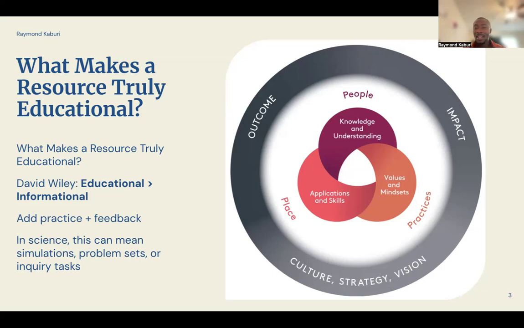There is AI that can help you do simulations to explain abstract things, making them concrete to your learners. So in science, the inclusion of AI helps us in our simulations. It helps us in our problem sets, to solve problems in terms of our classroom lessons and tasks. It also gives us the opportunity to do inquiry tasks that can help our learners understand the content of what we are teaching.